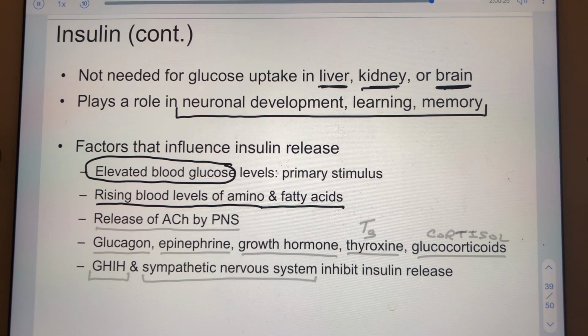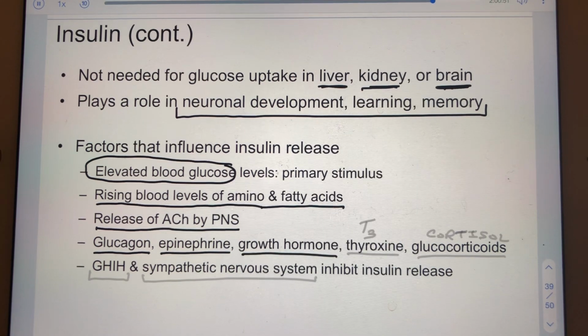If the peripheral nervous system is secreting acetylcholine, that will promote the release of insulin. The release of glucagon actually promotes the release of insulin. Another argument that maybe these are not the best example of antagonists. Epinephrine promotes the release of insulin.